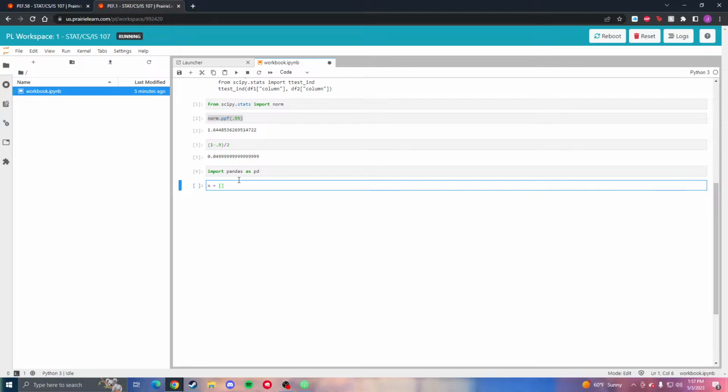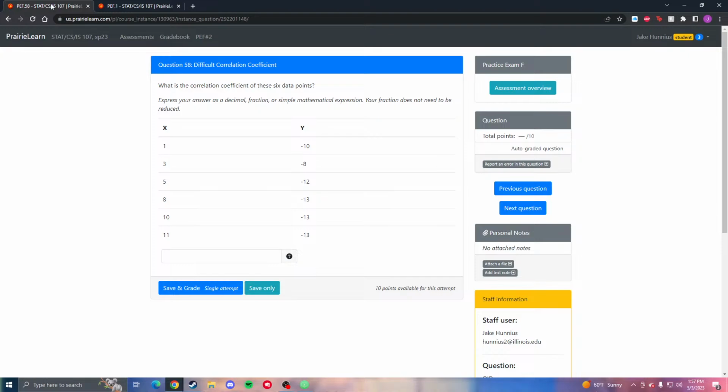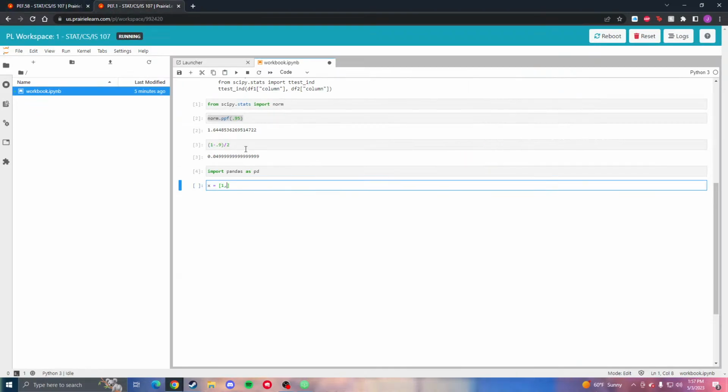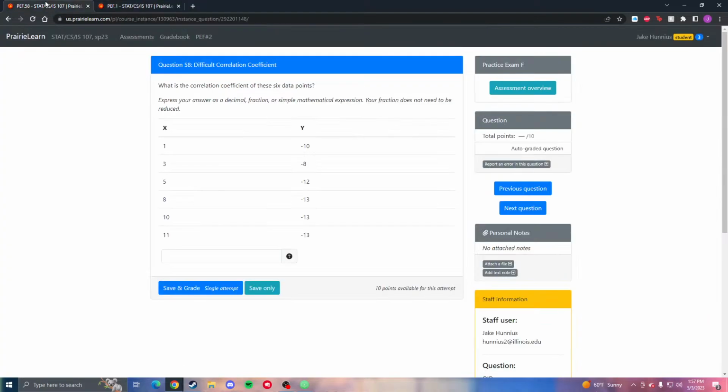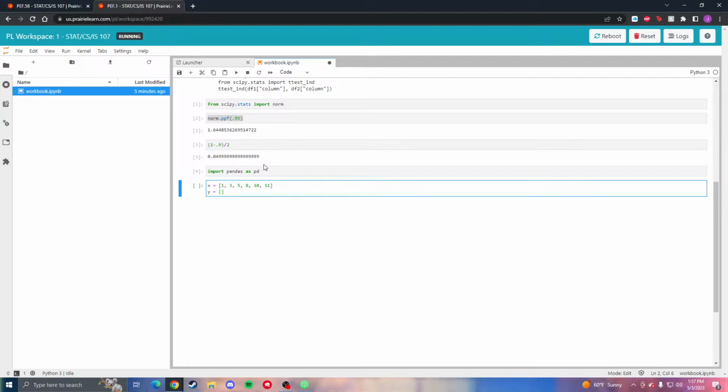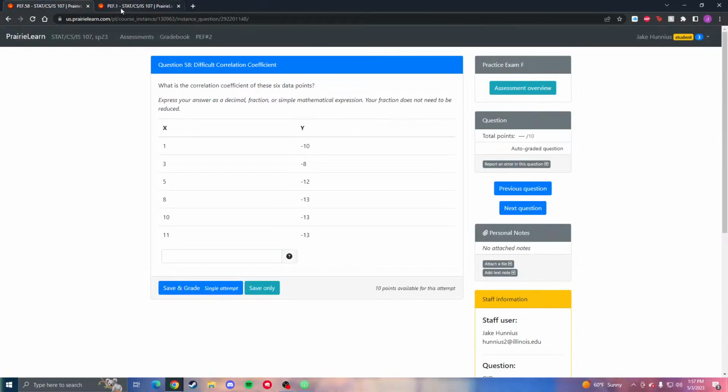So x is equal to 1, 3, 5, 8, 10, 11, 1, 3, 5, 8, 10, 11. Y is equal to negative 10, negative 8, negative 12, negative 12, and I think it's just 3 negative 13s to round that out.